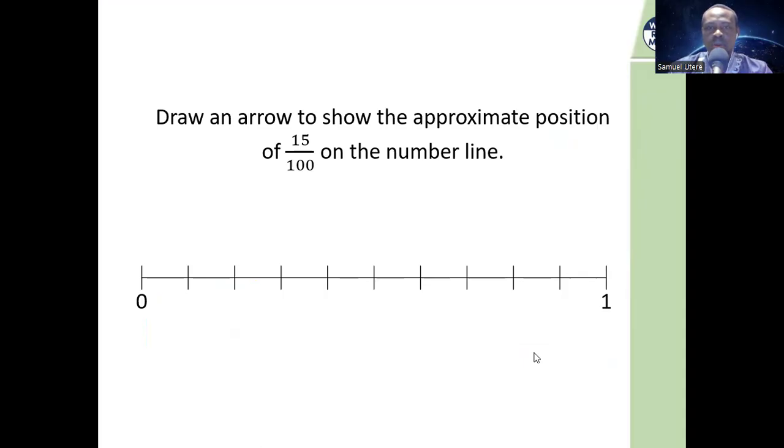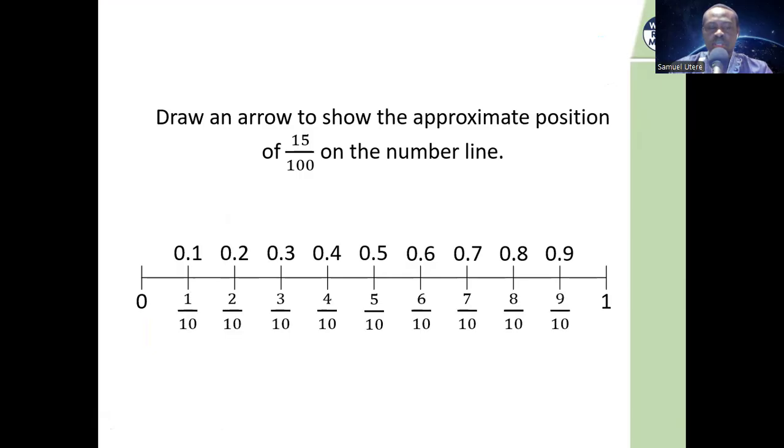So we can complete our number line like this. And we can put the equivalent fractions underneath like this. But that doesn't give us the information yet of where we need to put 15/100ths.